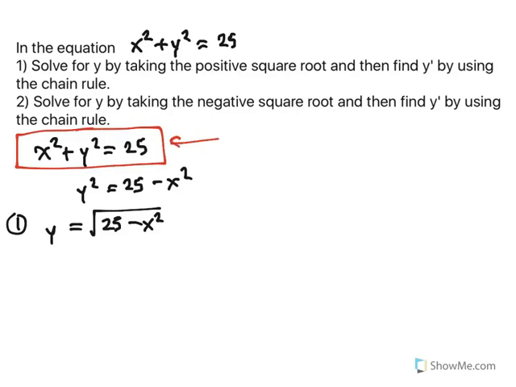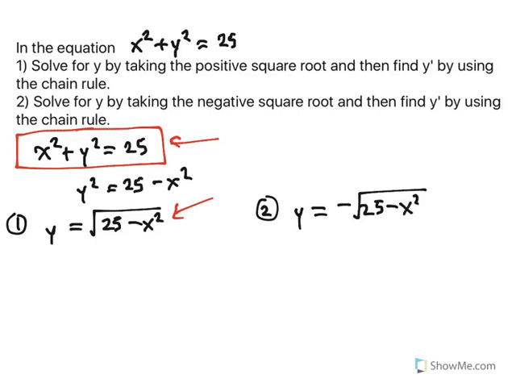If you graph it, you'll get a circle centered at the origin with radius of 5 units. This explicit relation will give you just the top half of the circle. For number 2, you can solve for y by taking the negative square root, and then we would like to find y prime by using the chain rule. If you solve for y by taking the negative square root and graph this explicit relation, you'll get the bottom half of the circle.